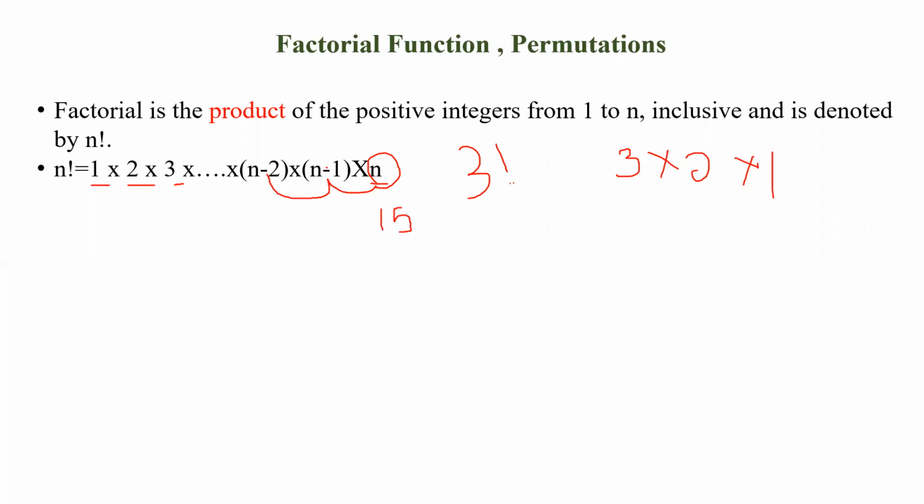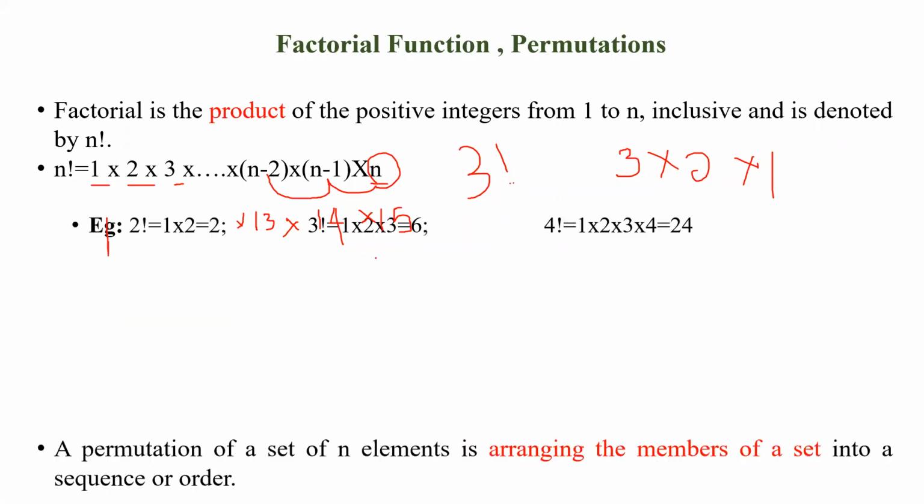What will be n minus 1? Harsha, can you tell me? N minus 1 will be? 14. So you are just multiplying up to 15, right? Then n minus 2 will be 13. Just to show a definition which is applicable for all numbers, we are showing it like that. Then it will be 12, like that up to 1. Got it? So this is the factorial function.